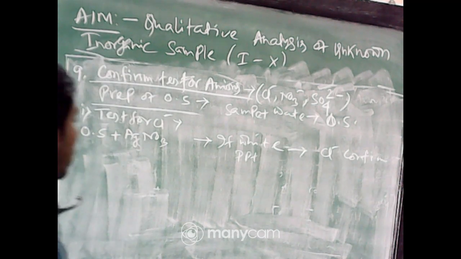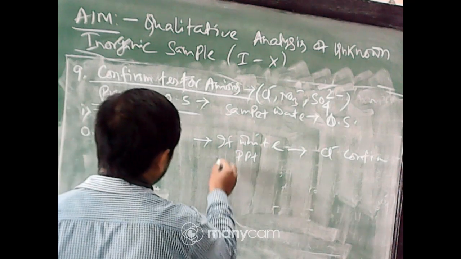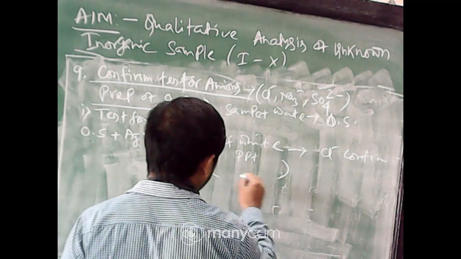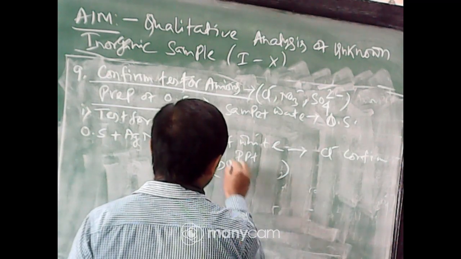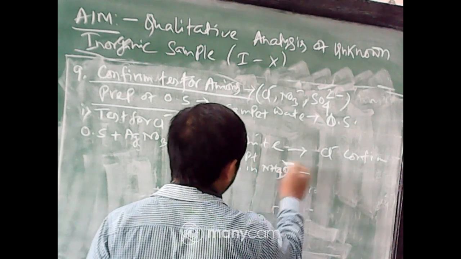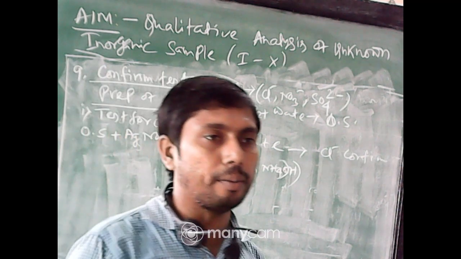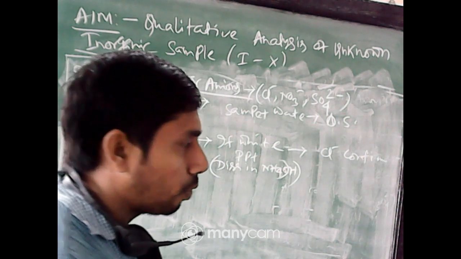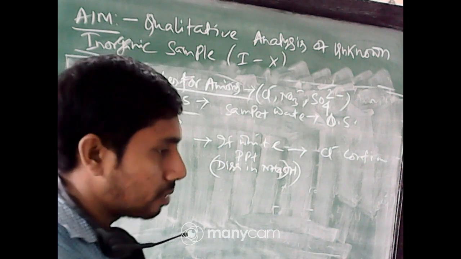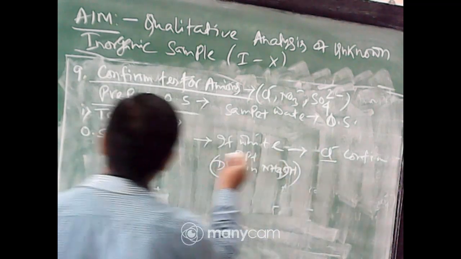As a further proof, this white PPT dissolves in NH4OH. If the white PPT comes, just to further confirm it, add NH4OH solution, and it will dissolve. Then Cl minus is confirmed.